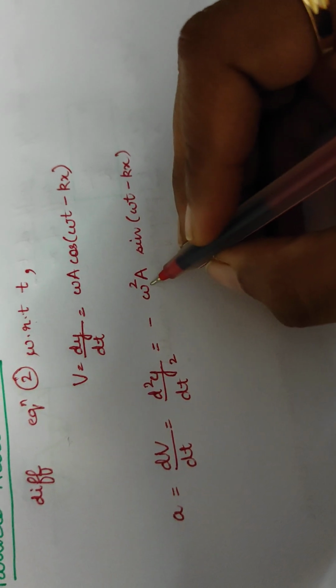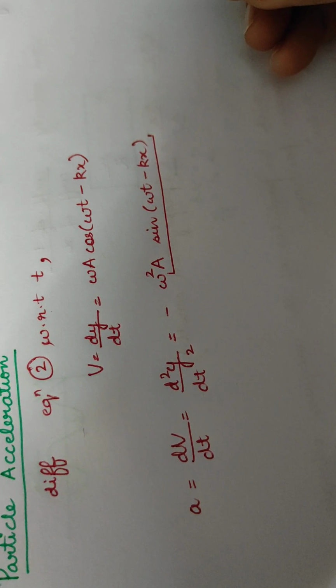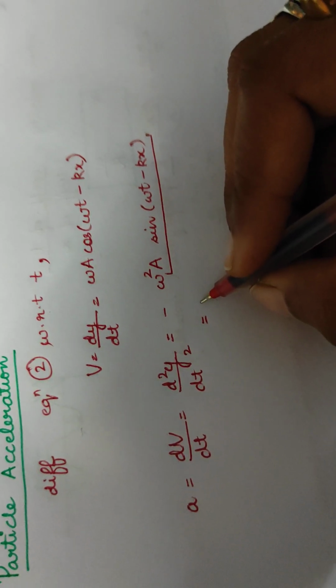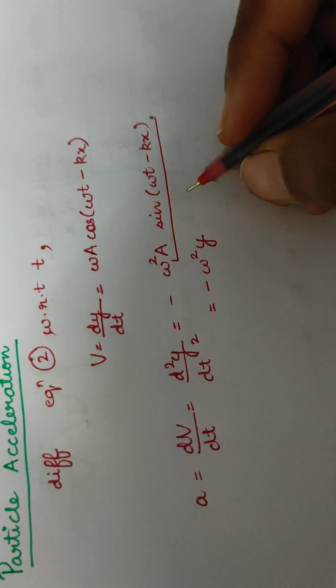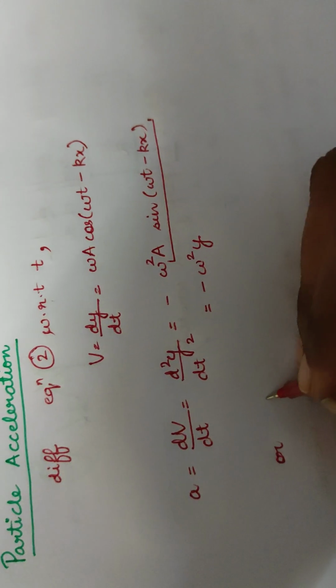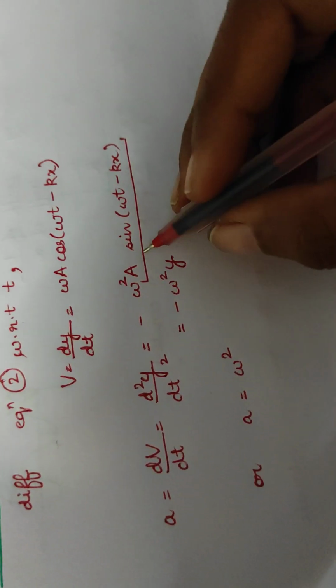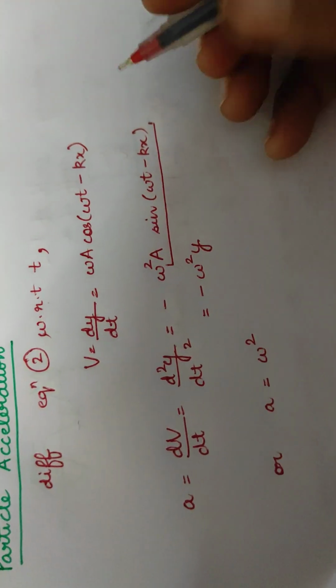Now if you remember, what does this represent? This is equation number 1, which represents the displacement of a particle. So this will give us −ω²y. Fine. Or we can write a = ω²... Now we can write it in terms of any angle.